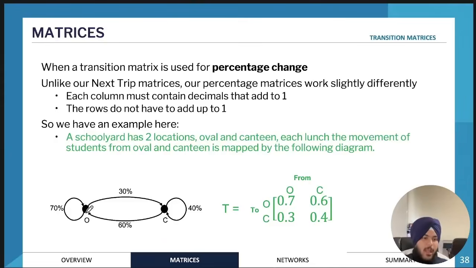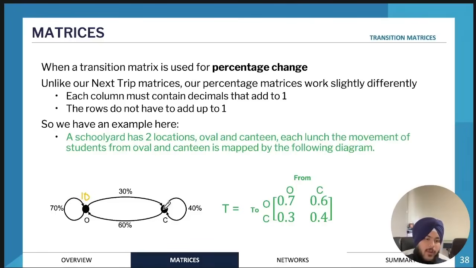For example, if we have 2 locations in a school, the oval and the canteen, what this network would indicate is that 30% of people would change their position from today to tomorrow, from oval to the canteen. So if we had 10 people at the oval today, tomorrow 30% of those will go to the canteen and 70% of them will stay at the oval.